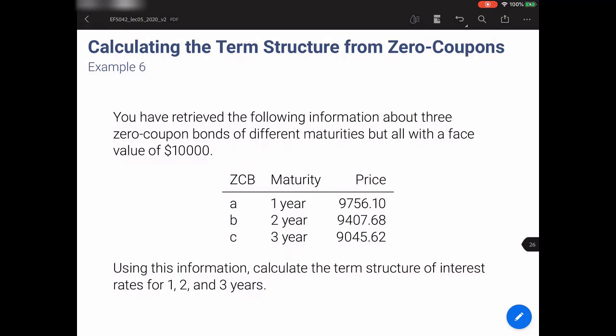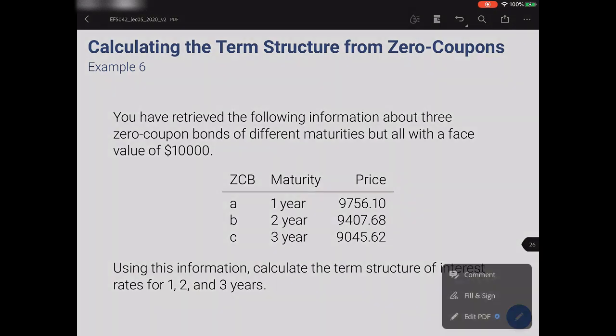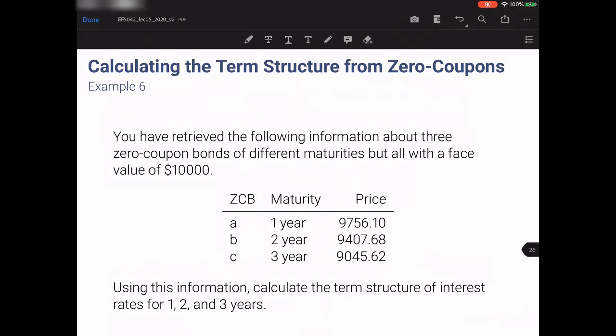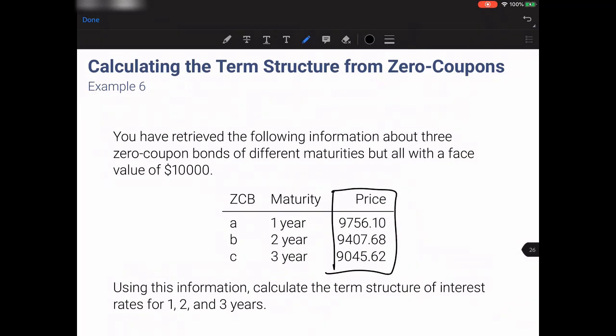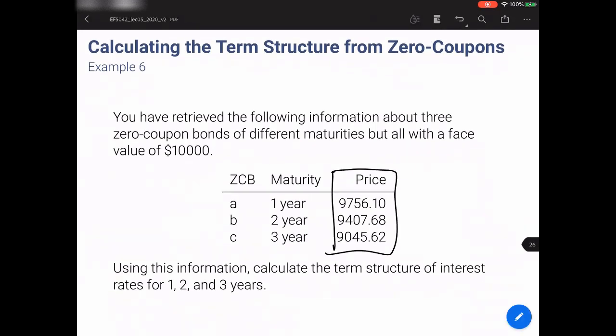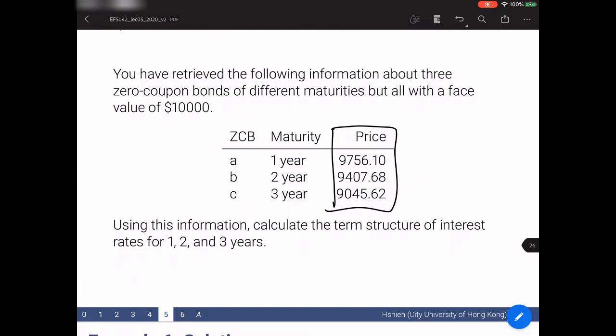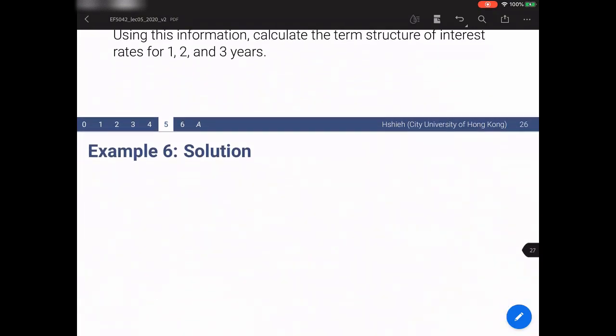All right, so let's go ahead and use this information. This price information is based on the buying and selling of traders, based on demand and supply, from which we get a price, and we can therefore derive a bond yield, right? Those yields are going to be equal to the term structure interest rates because they are zero coupon bonds. So let's calculate those bond yields.